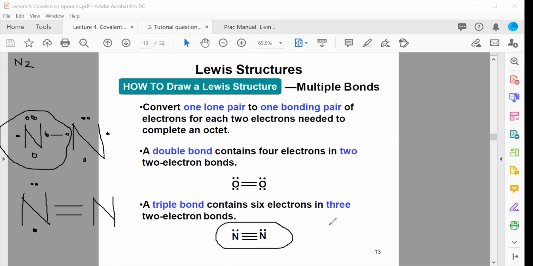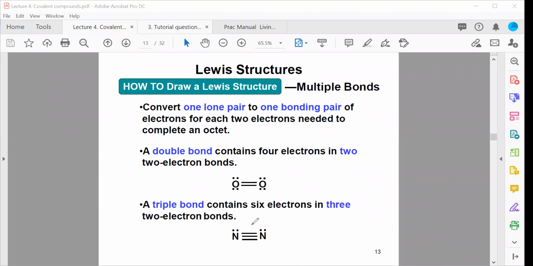Can anyone tell me, and I think some of you have probably talked about this briefly in another subject, what natural event is powerful enough to break that triple covalent bond in nitrogen, and by doing so, allow nitrogen to actually be washed down to earth, to the soil?